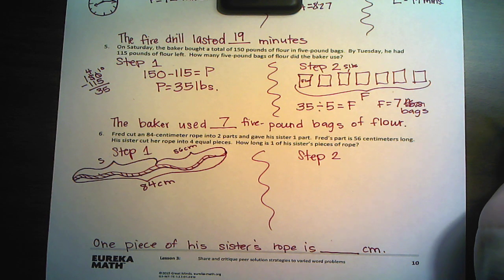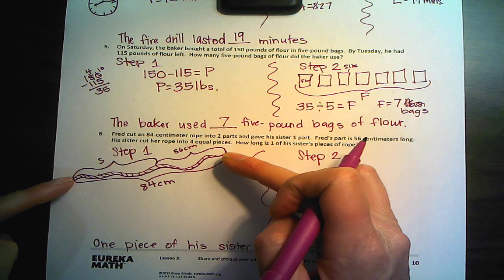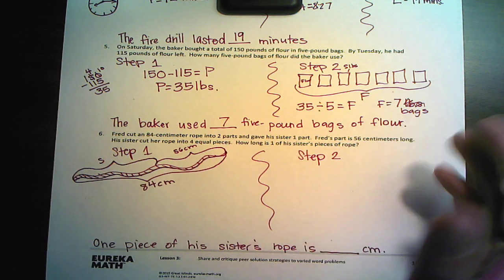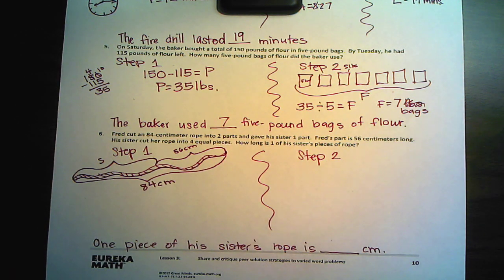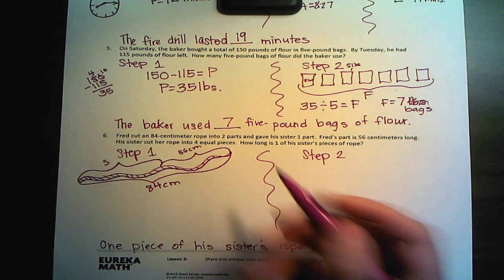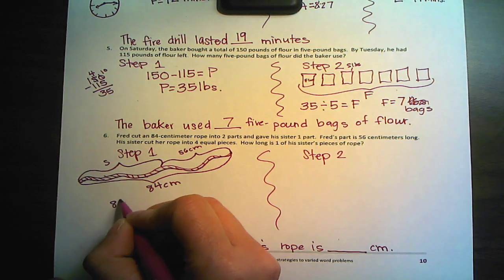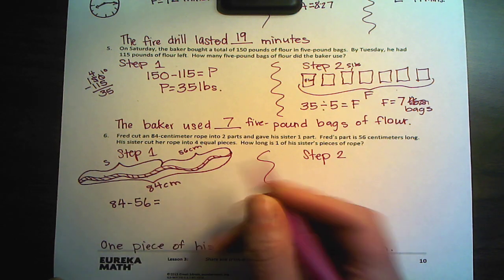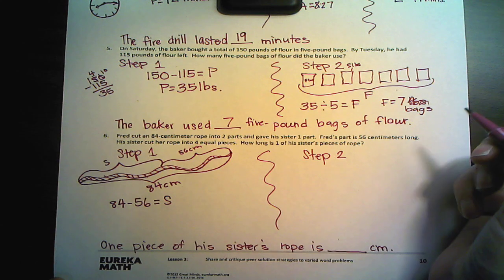So how can we figure out the difference between 84 and 56? Right. When I say difference, that signifies subtraction. So let's take away 56 from 84. So 84 minus 56 is sister's length.